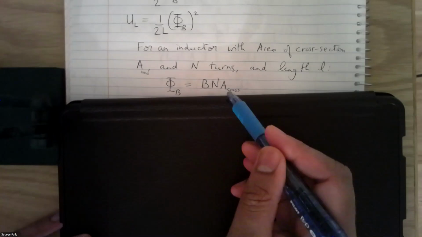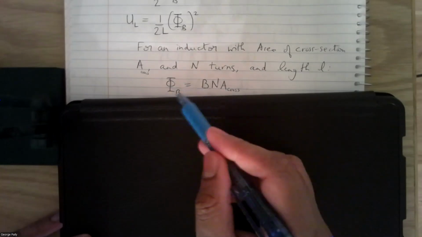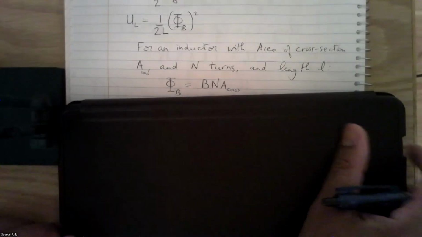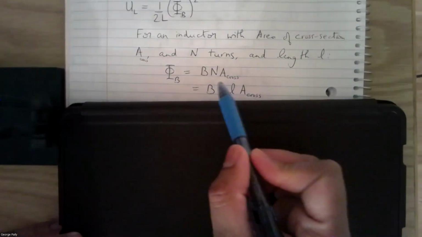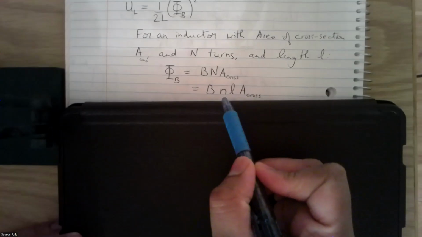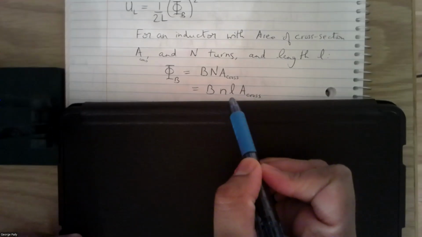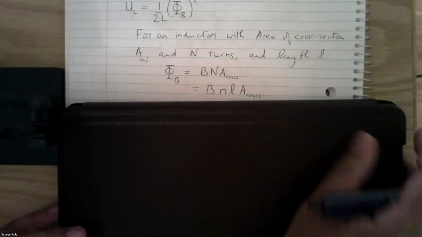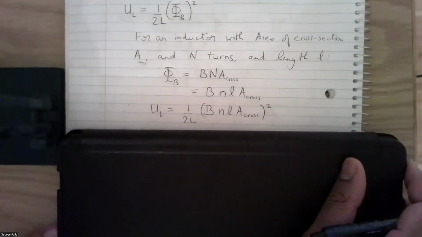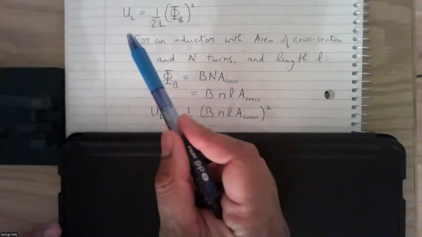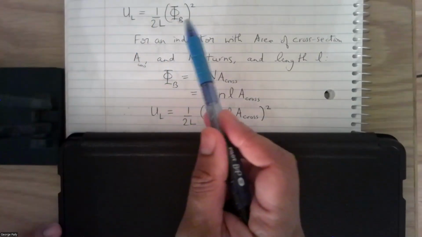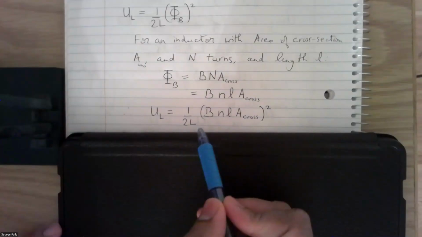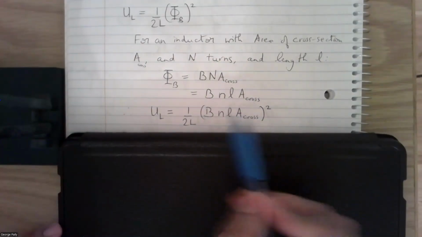So B times N times A_cross will give us the magnetic flux. And if we want, we can write that capital N, the number of turns, in terms of little n, the number of turns per unit length, times the length. So our expression for U_L, which was 1 over 2L times Φ_B squared, becomes 1 over 2L times this expression squared.